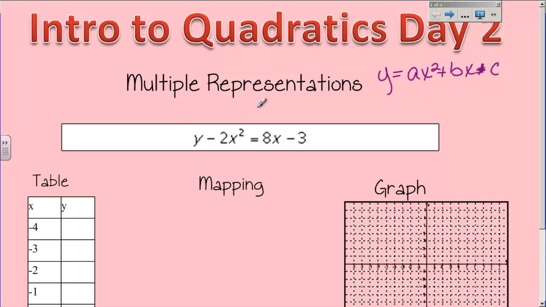So the first thing I have to do with this is get the y all by itself. Well, if I want y all by itself, I've got to get rid of this minus 2x squared, so I'm going to add 2x squared to both sides. And then I'm just going to make sure I write it in the correct order so that it looks like this. So I end up with y equals 2x squared plus 8x minus 3. This way I can find my a, b, and c really easy.